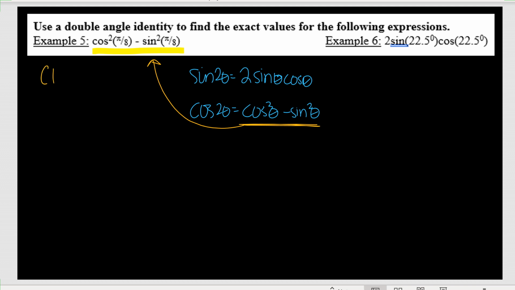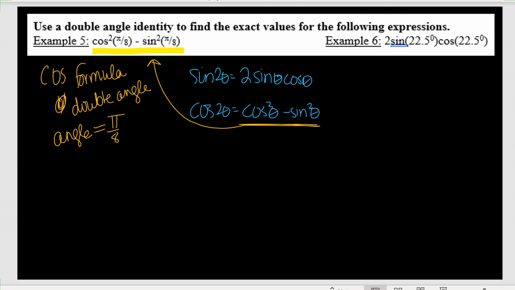Okay, so I know it's got to be the cosine formula, and I know that it is a double angle. And I know that the original angle is pi over 8. That's what they gave me. So I know that that's what it's got to be.